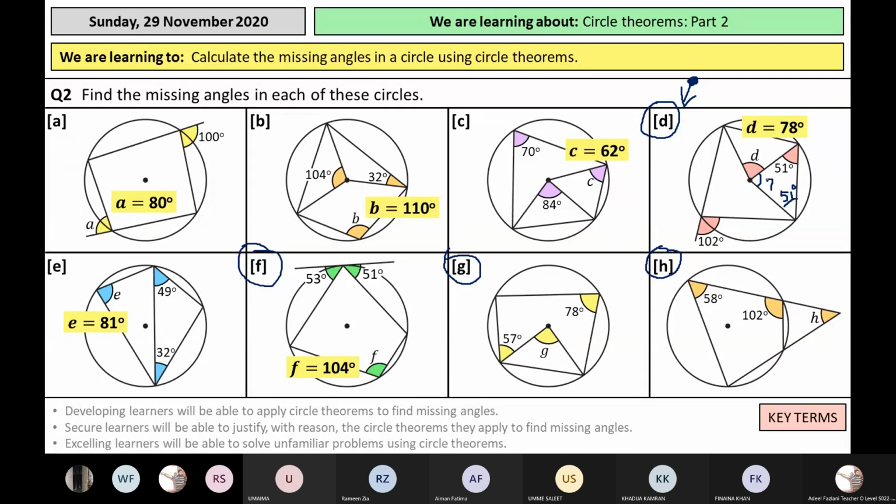Let's say, if this is Z, what is Z? Okay, what is the angle Z?